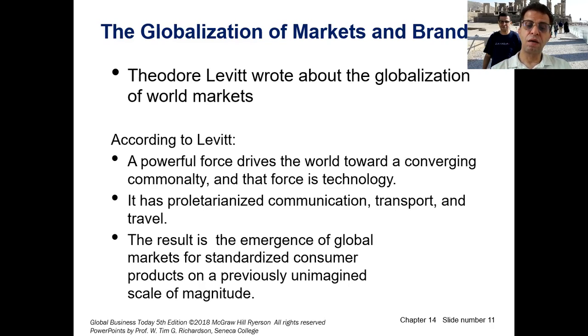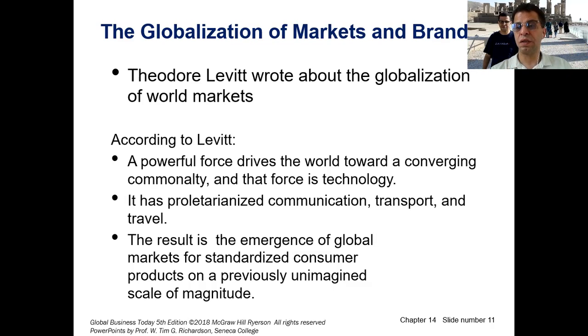It has proletarianized communication, transport, and travel. The result is the emergence of a global market for standardized consumer products on a previously unimagined scale and magnitude. So that's what we hear these days, the global village.